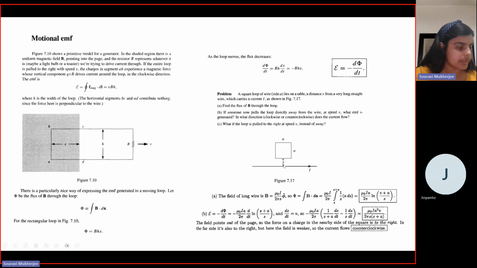It depends on the perpendicular distance, right? So if you move the loop along this line, the magnetic flux that is linked does not change. So in this case, there will be no change in flux, and the EMF generated will go to zero. Okay, so based on how the flux is changing, one has to find the EMF.